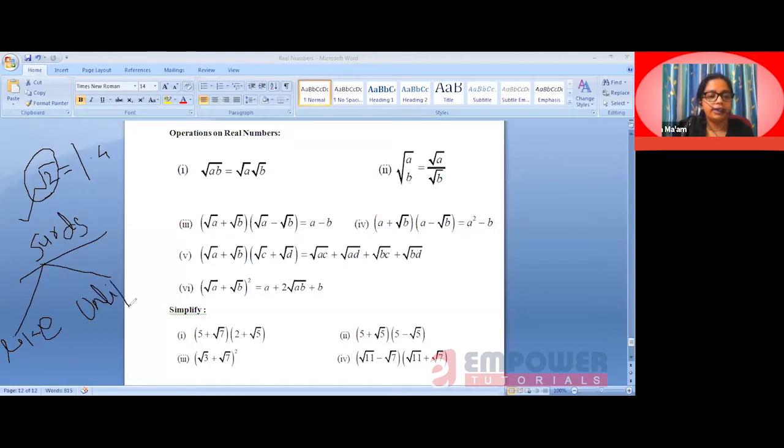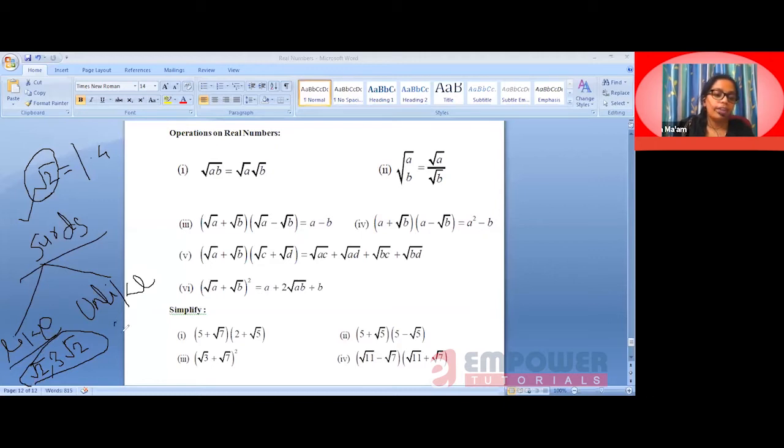I guess I have discussed it in the last class. So like surds are the surds, so if I have root 2, one irrational number, and 3 root 2 as the second irrational number, then I can call these two numbers like surds.